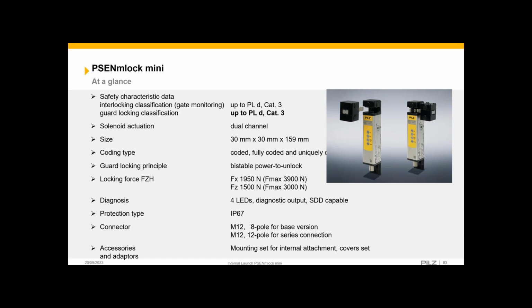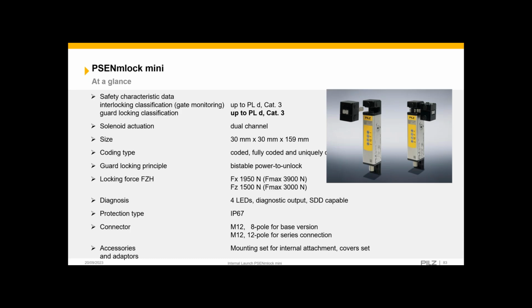If it was fully coded, then again, if the actuator was faulty, you could buy another fully coded actuator, but you can teach that up to 8 times, and then after that, both units would be defunct. Or you can have uniquely coded, which means they're sold as a pair. So if either was to fail, you'd have to order a complete set.